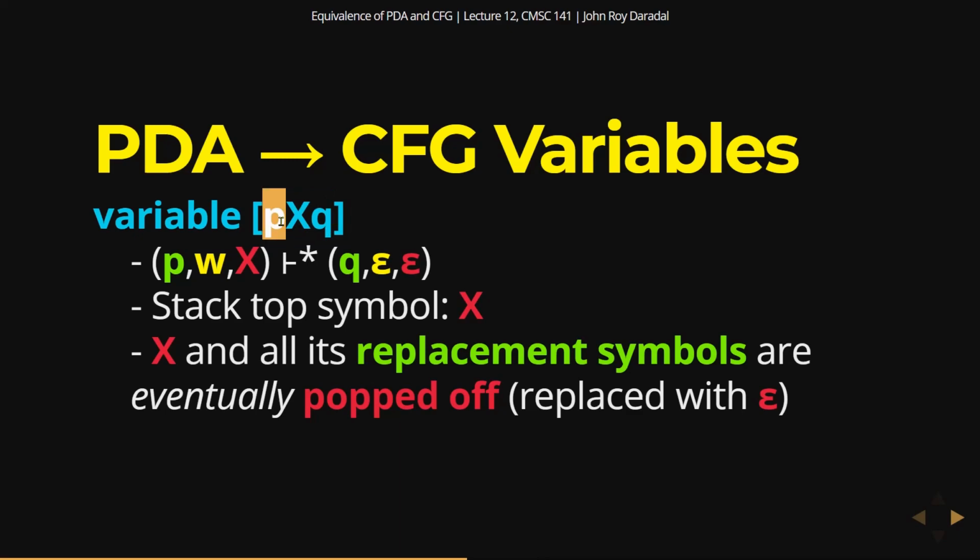So from P, the string will be processed. Currently the stack top symbol is X. Eventually, this will be processed and will reach the state Q such that X and all of its replacement symbols are eventually popped off or removed. So that's the meaning of the variable PXQ.